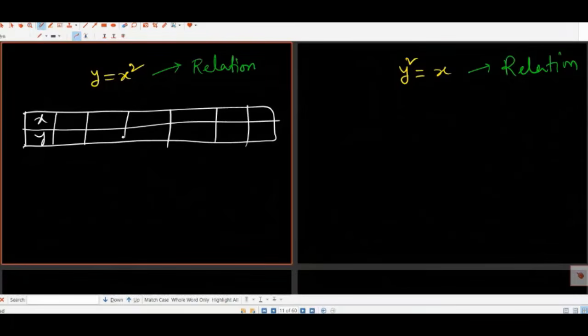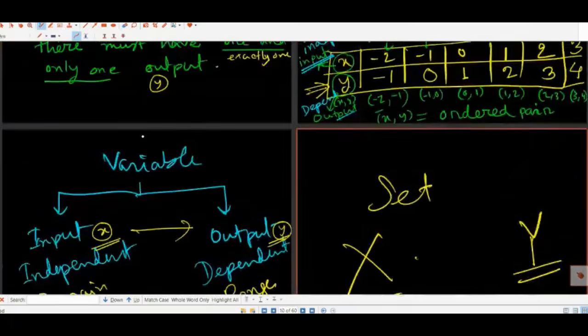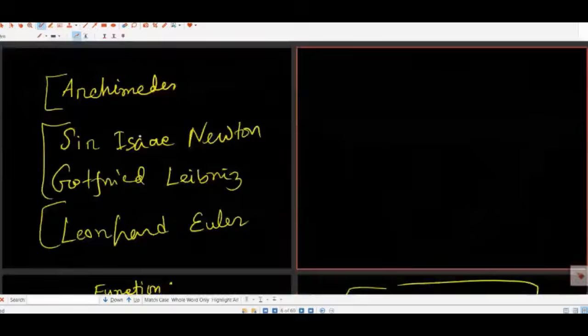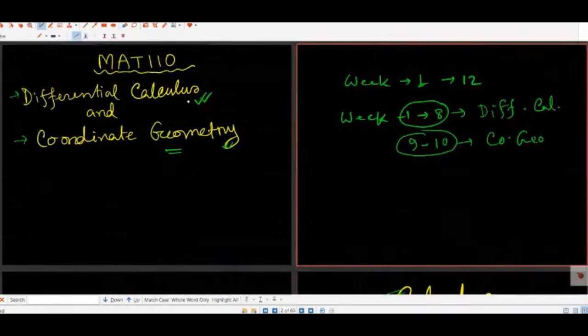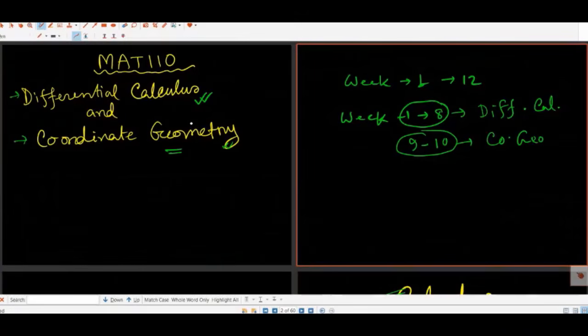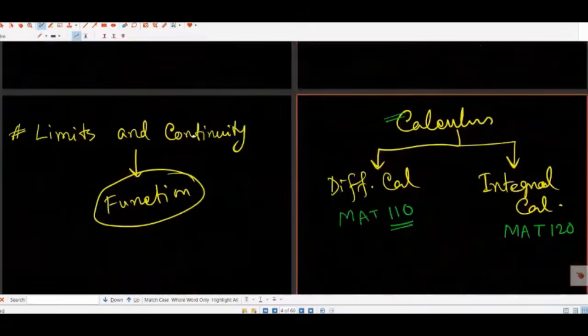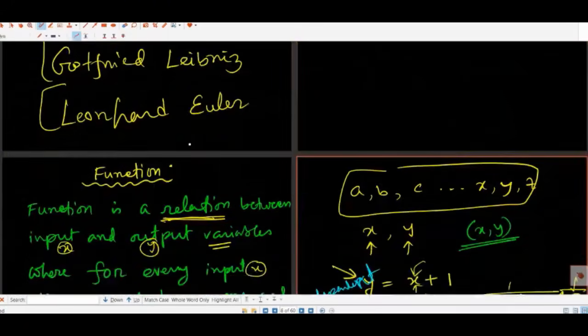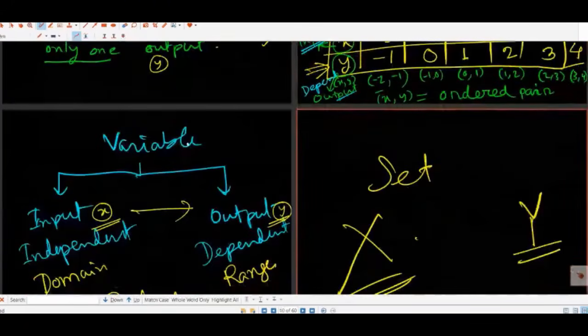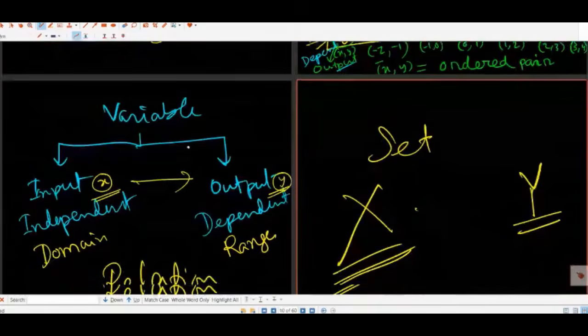With these two examples, we'll try to understand whether the examples are functions or not. The term function is very important for differential calculus. You all are here for learning differential calculus and coordinate geometry. Without having the concept of function, you can't go forward. So that's why I'm starting from the very beginning.